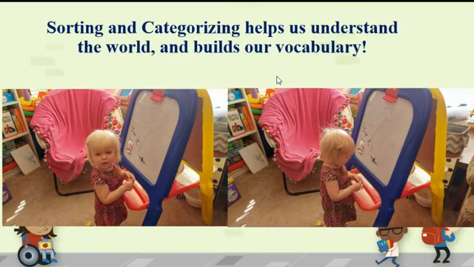Now, this was in that time period where she was not using a lot of language, and we were definitely concerned. I wasn't sure what was going on. But when she brought that bird to me, holding it up to me, I realized, oh my goodness, she made a connection between things that can fly. I gave her a bunch of planes, and here she comes over with a bird. That's a thing that can fly.